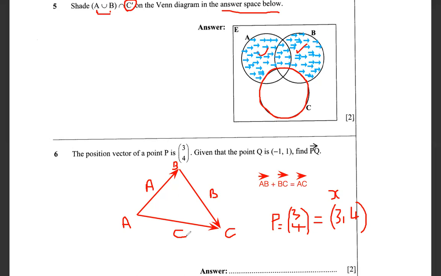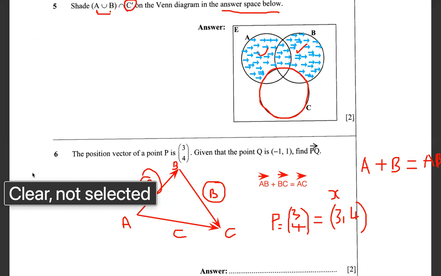Meaning, we are running out of time. Meaning, for us to add AB plus BC, which is giving us a B, which in the actual sense is a C.